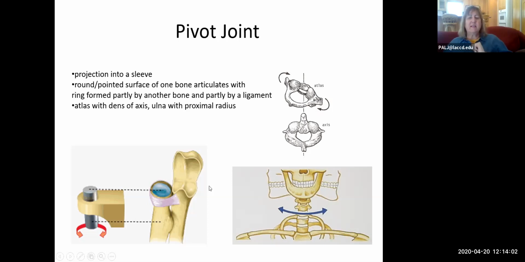The 2 classic examples of this are the head of the radius with the proximal ulna. Actually, it's not the top of the radius, it's the proximal part of the radius. It's on the side of the head of the radius. And then the other one is when the dens of the axis goes into the vertebral foramen of the atlas. So those are the examples of a pivot joint.